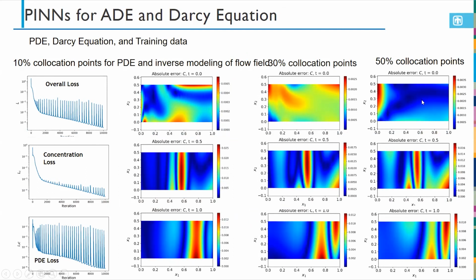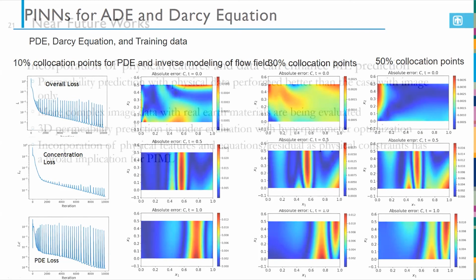This is the initial condition, but as you can see at the middle time and the final time step, with more data points, as expected, we are able to predict the result better. This is more of a toy problem. However, it shows that we can formulate a physics-informed neural network for the inverse modeling aspect as well.